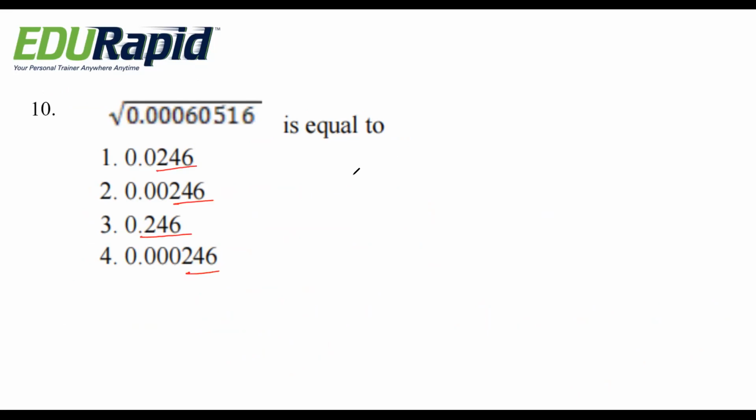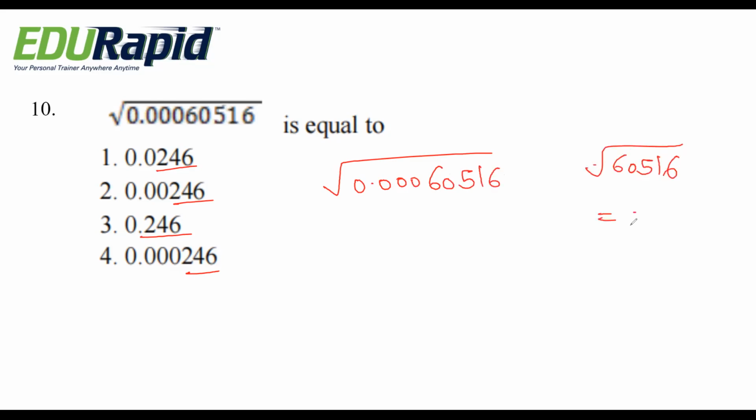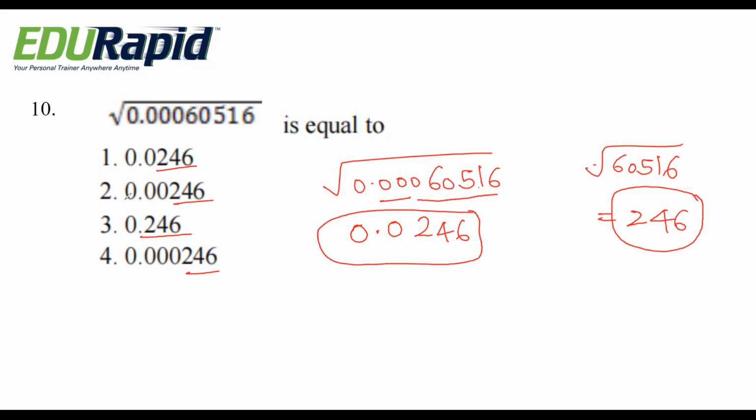So the square root of 60516 is 246, because in all options they mentioned 246. So we just have to eliminate the zeros and adjust. Here it becomes 246, and the double zero becomes a single 0, so 0.0246. That is option 1.